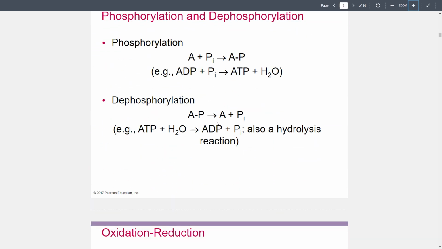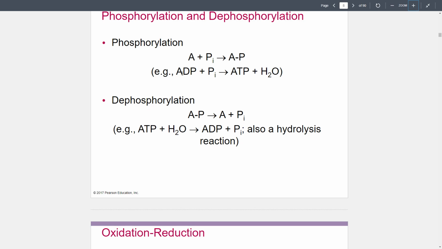Phosphorylation and dephosphorylation is a riff on that, a variation. We're still either adding or removing a water group, but we're also adding or removing a phosphate group. So for instance, if I have a substrate and a phosphate, and I remove a water, I'm going to get a water as a byproduct and the substrate plus phosphate.